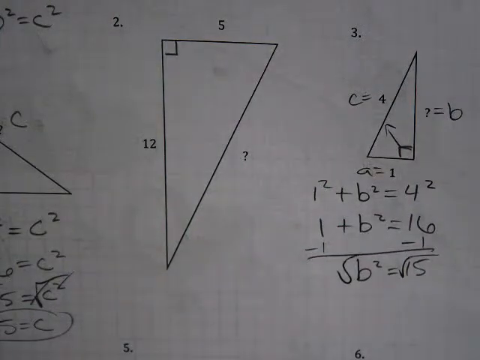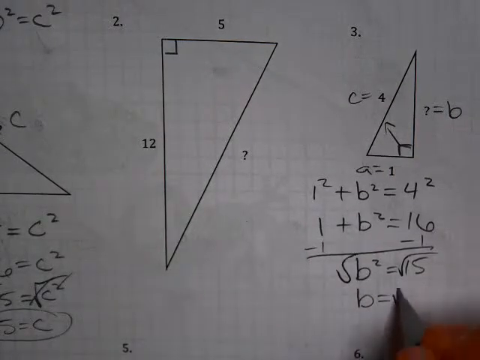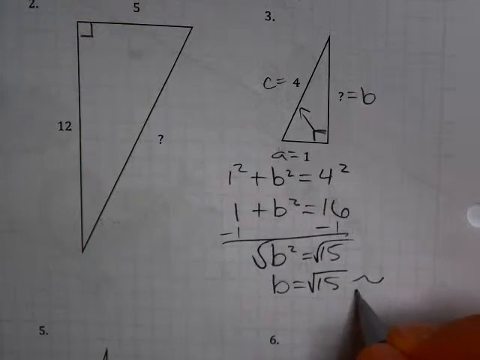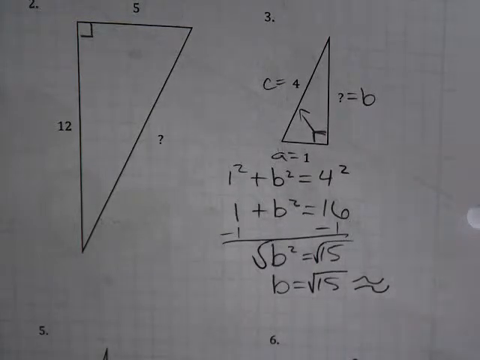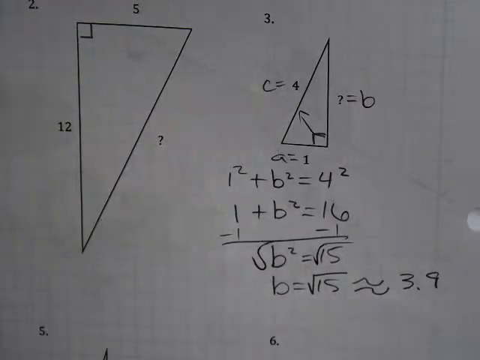But what if you're asked for an exact value? If you're asked for an exact value, then nope. The answer is simply B equals the square root of 15. That's the exact. Now, we could say then it's about 3.9, or if you wanted to say 3.87, or wherever you want to round that, that's fine.